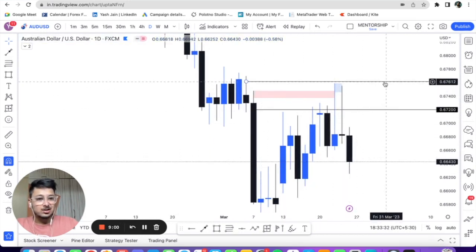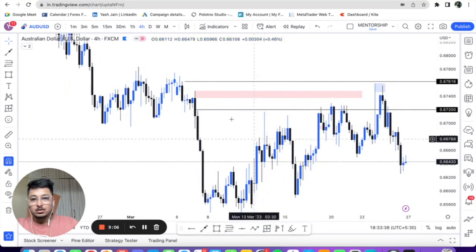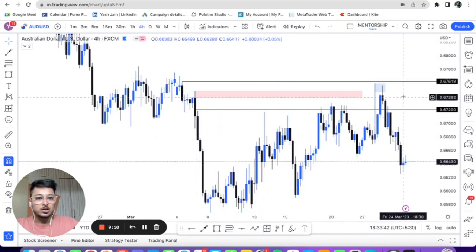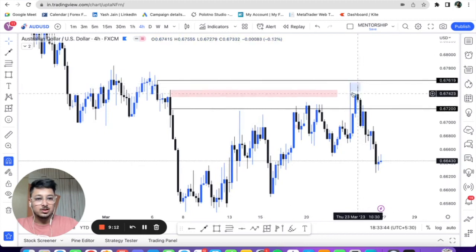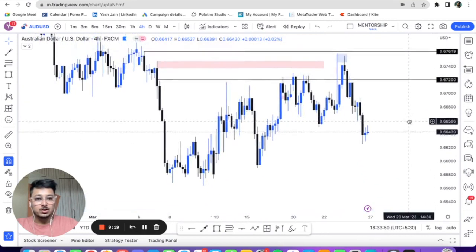I guess I had mentioned that until this high is protected, you can short. Let's see, why did I mark that? Okay, so it's a simple supply high, recent supply high that I had marked, and I was expecting that prices will continue to drop until that is protected. And yeah, pretty much that is what has happened.